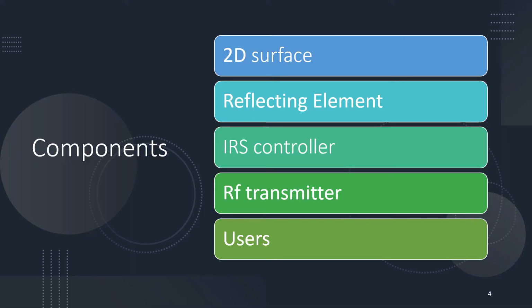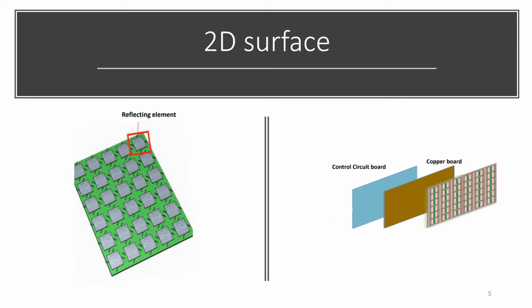The intelligent reflecting surface has 5 important components. We have the 2D surface, reflecting element, IRS controller, RF transmitter, and user. We will elaborate more on the 2D surface and the reflecting element and the use of the IRS controller.